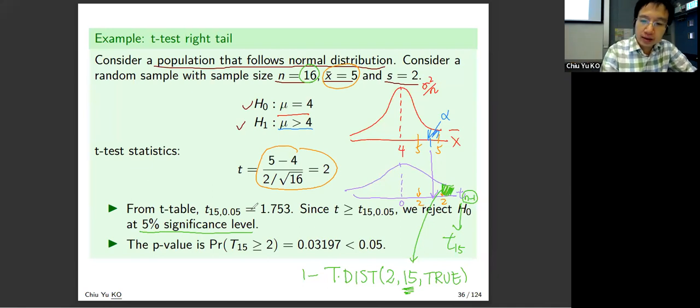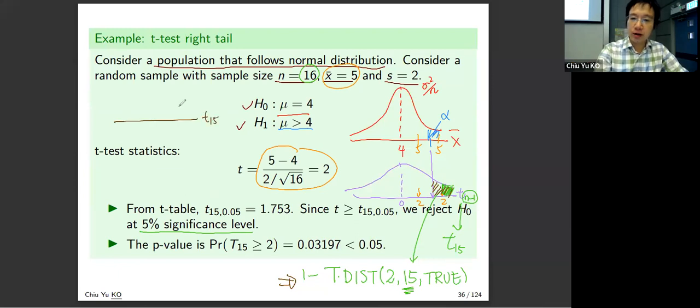The other thing, but remember, you can't really get this from the exam. Usually what you do is look at the critical value, and look at what this area is. Remember, this is T15. We're looking at this area, 0.